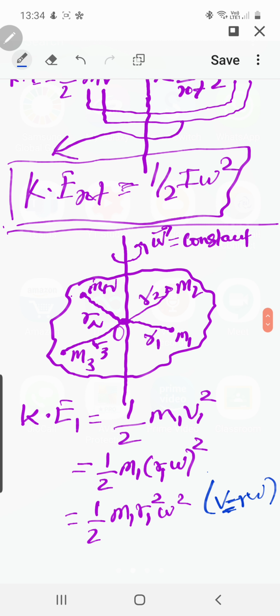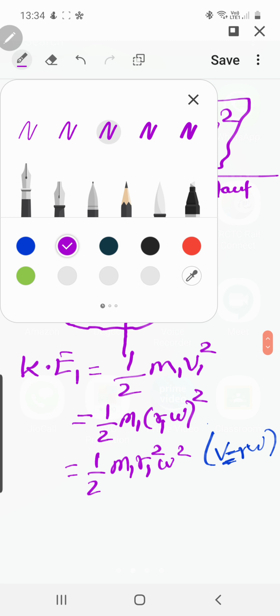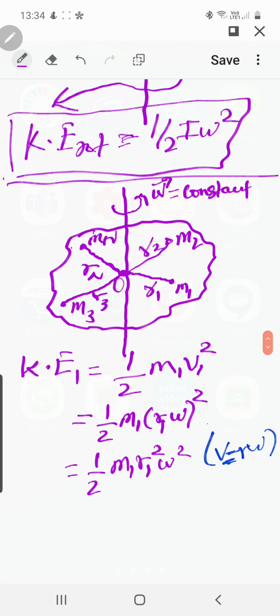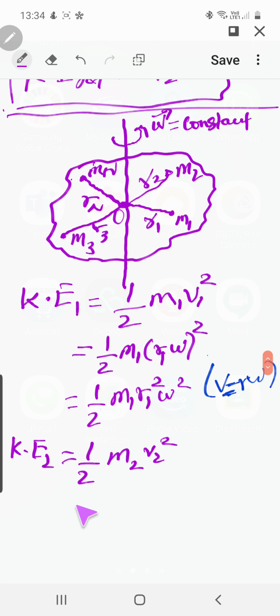Now the kinetic energy for the next particle, particle number 2, is Ke2 equal to half m2 v2 square, which gives half m2 r2 square omega square.